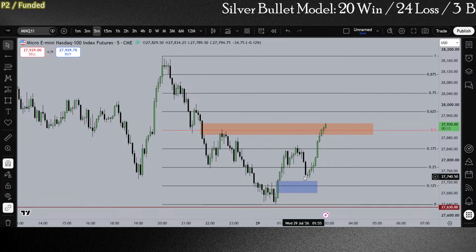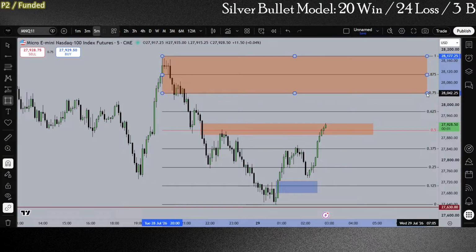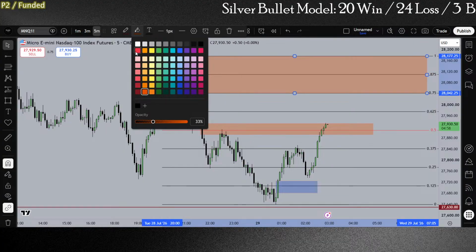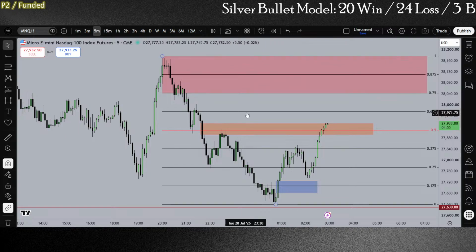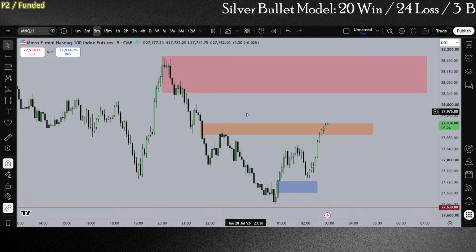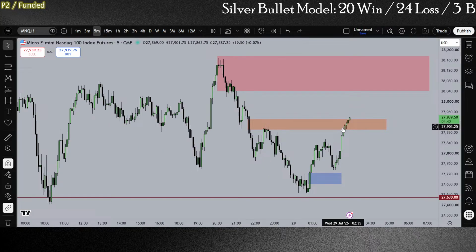I like to see that. And rallied. So yeah, potentially targeting anything in here off of this inversion would have been or could have been interesting.